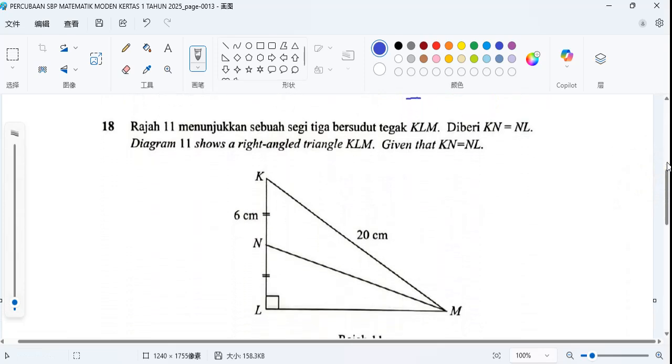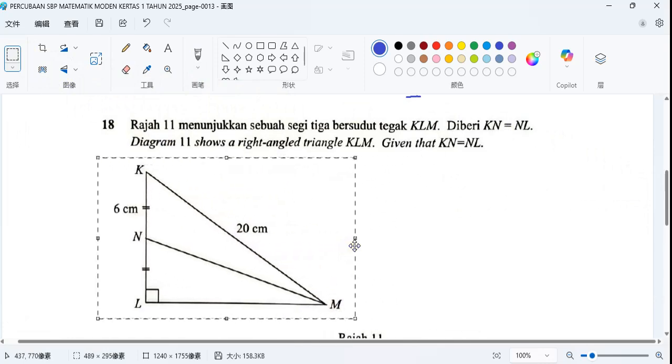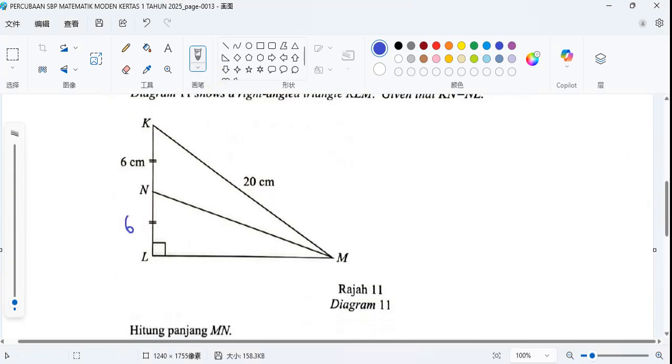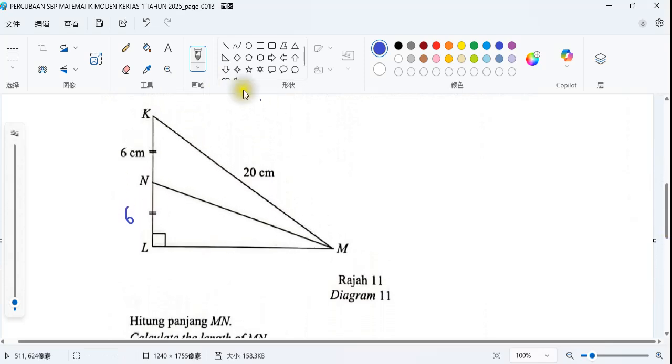Question 18. Diagram 11 shows a right angle triangle. So KN equal to NL. Find the length of MN. Over here, this is a right angle triangle.